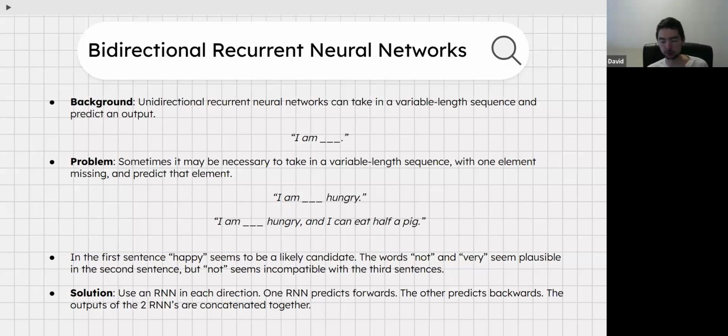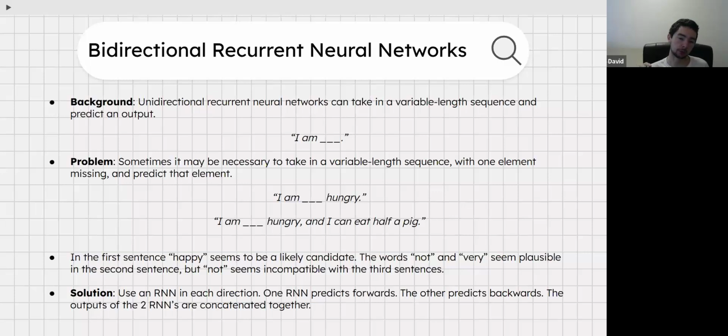And we may want to include context from after that particular word too. Basically, the additional words after and before can both provide information about what the missing word is. And so we can use a recurrent neural network in each direction, for example a forward LSTM and a backwards LSTM.